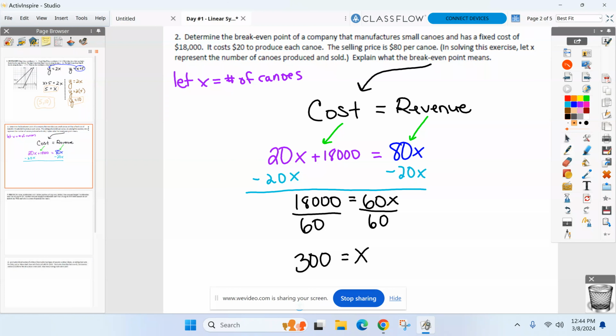At least show that step. I would have to show 80x minus 20x, but you're fine. Okay, everyone else, we're all right with break even? Because you'll see that again on Monday. I'm not going to go over another break even problem with you. I want to go over the two equations, two variables.